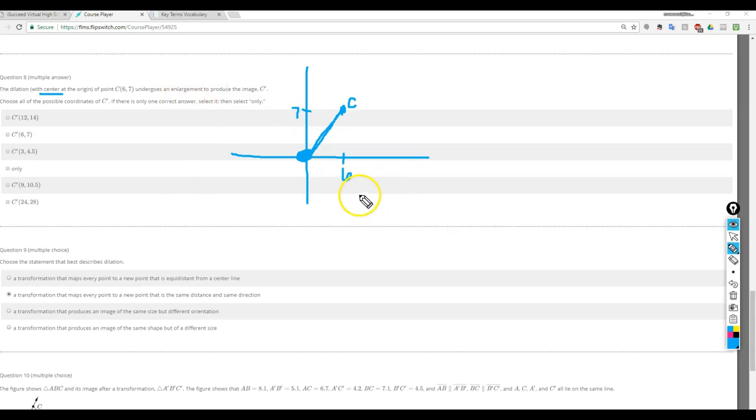So it would have to be multiples of 6 for the x-coordinate and multiples of 7, but they would have to be multiplied by the same number. So let's go through this. C is 6, 7. C prime, 12, 14. So 12, 14.